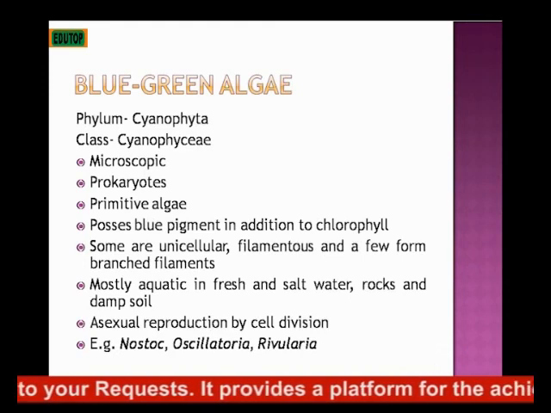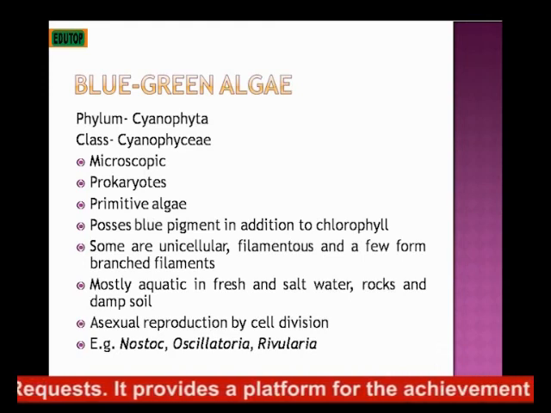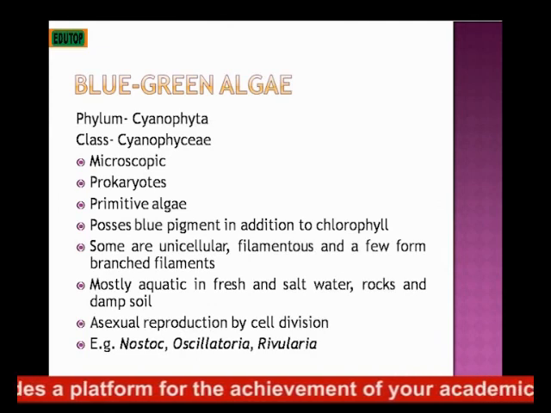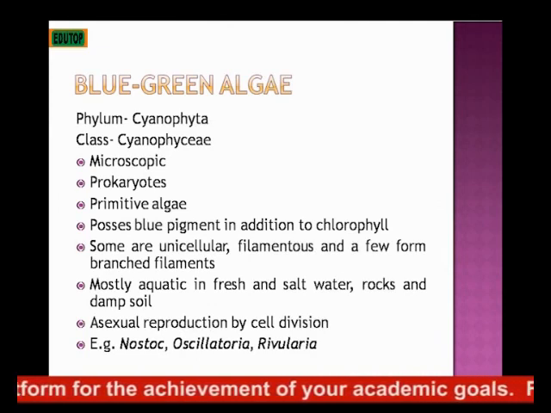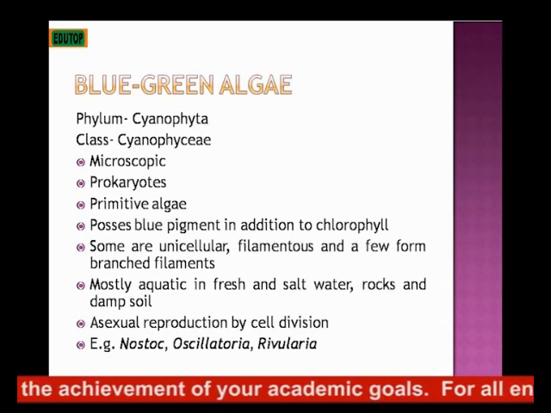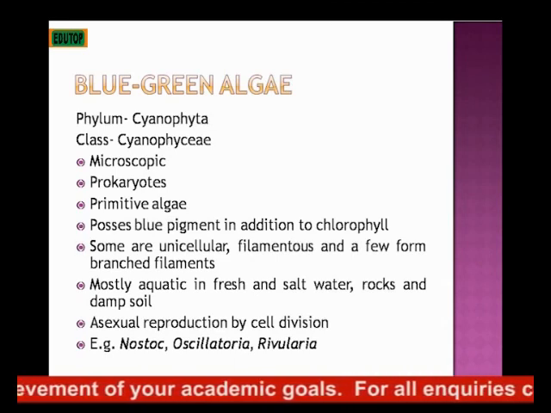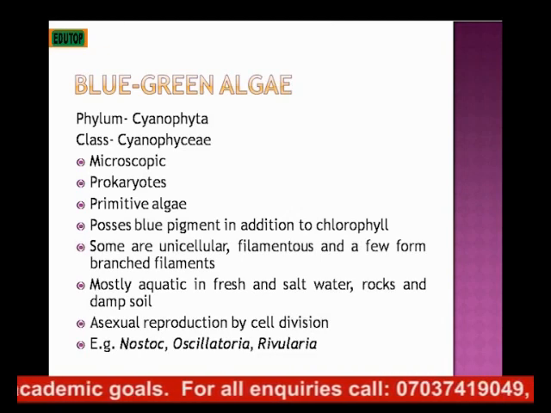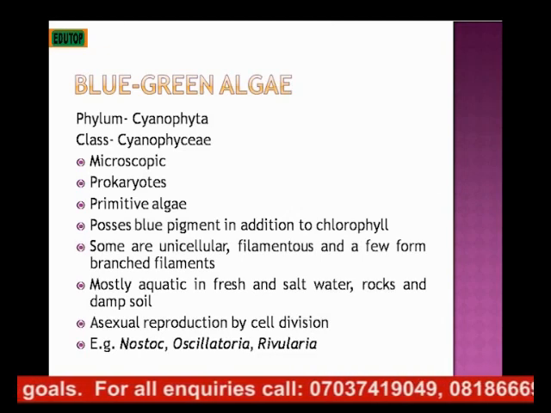Then they undergo asexual reproduction by cell division. They also don't go through sexual reproduction. An example of blue-green algae, you have Nostoc, you have Oscillatoria.